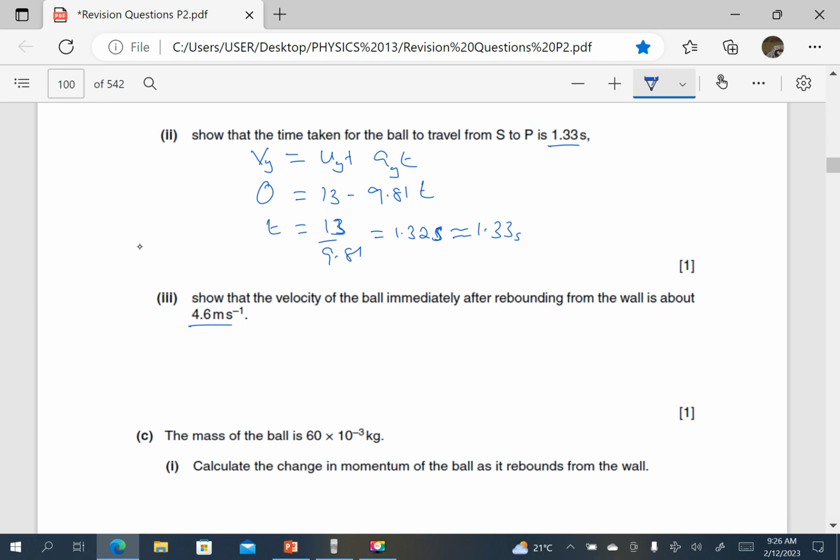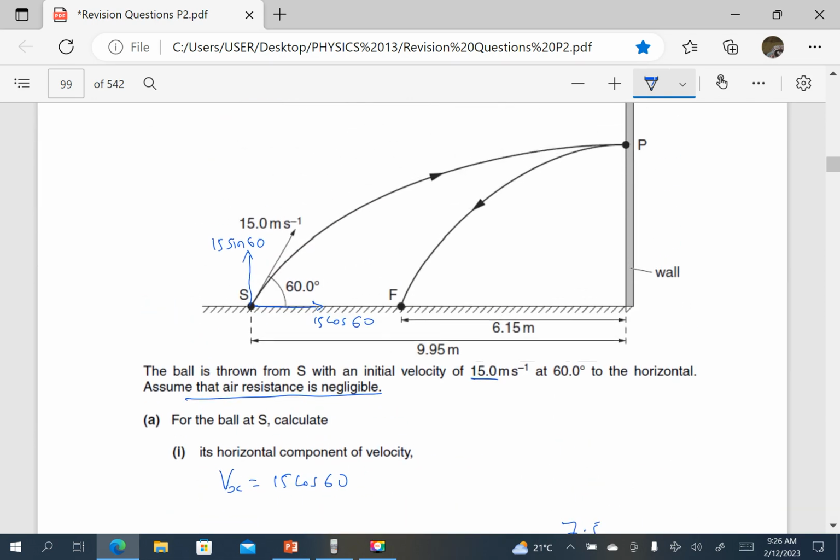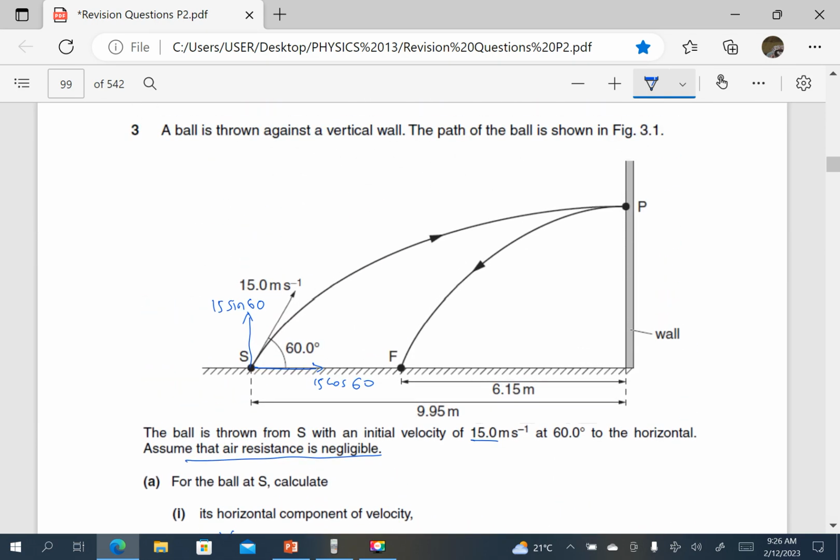Velocity immediately after rebounding from the wall is 4.6 meters per second. Now I want to take you back here. Note that when we try to find the distance here, the vertical distance through which the object falls is the same as before.